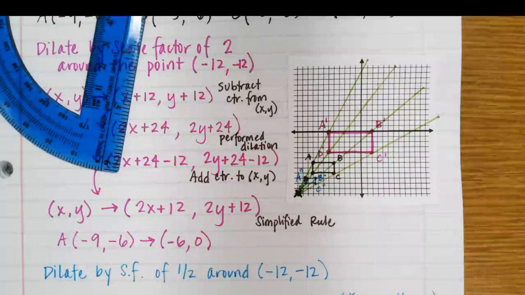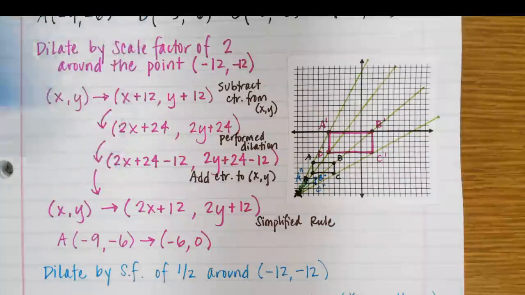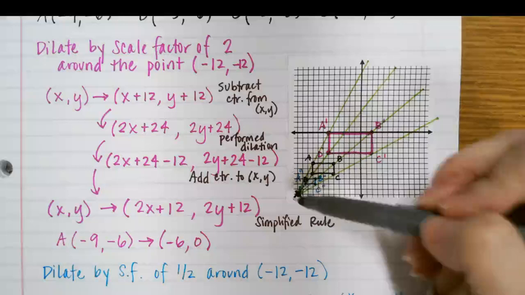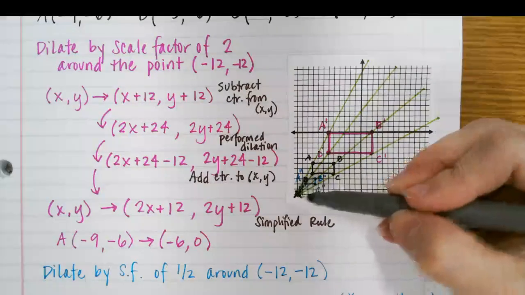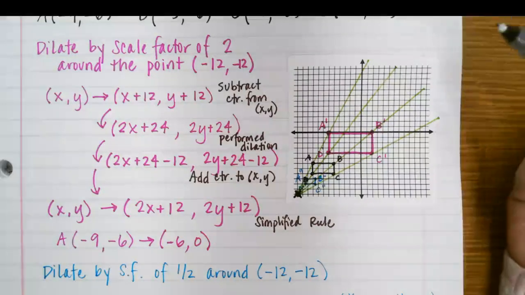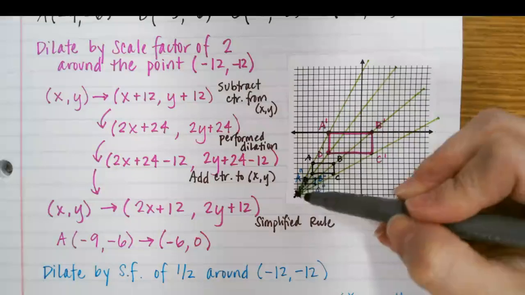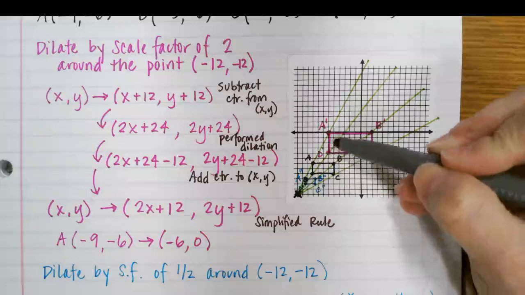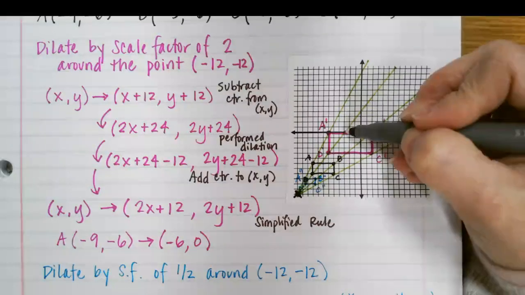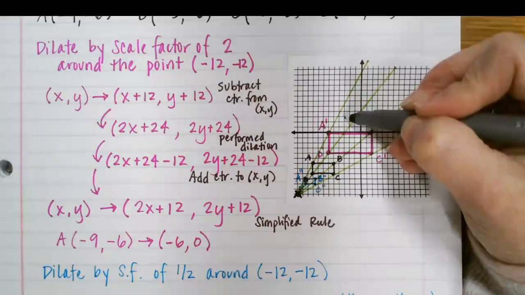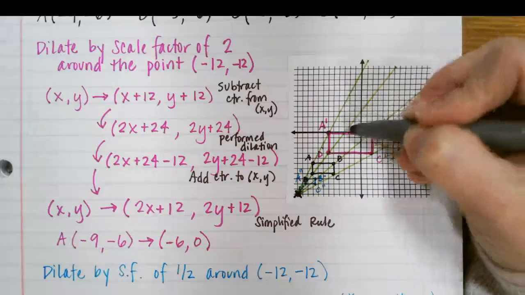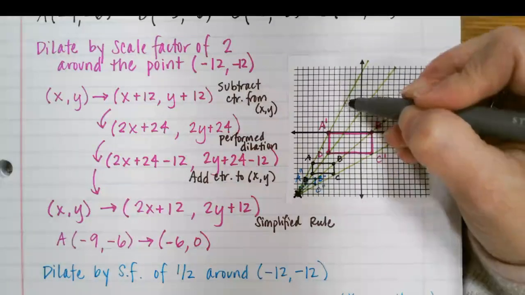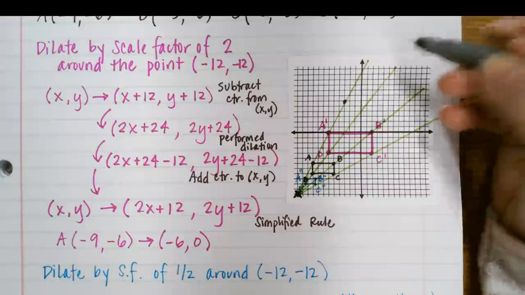If you look, it's a little freaky here, but this shows you the different dilations. If I wanted to dilate by a scale factor of 3, then it's going to go over 3 and up 6. It should be right there.